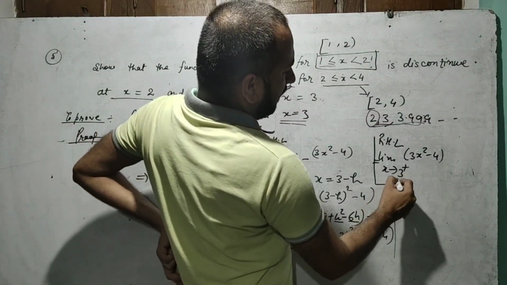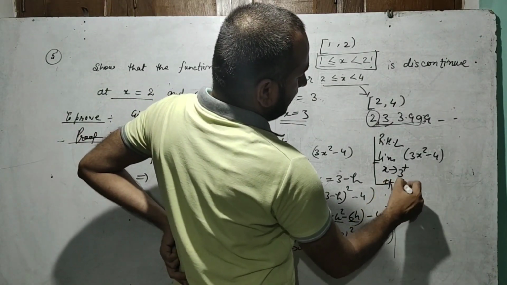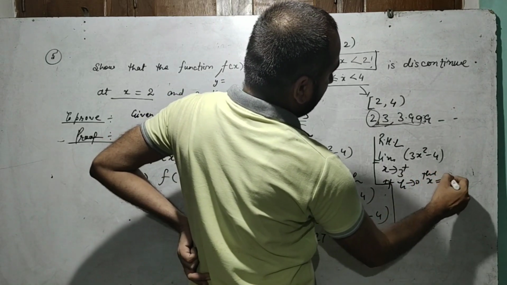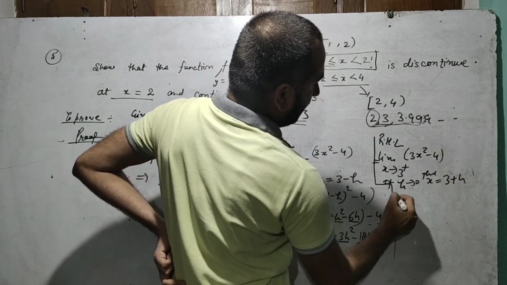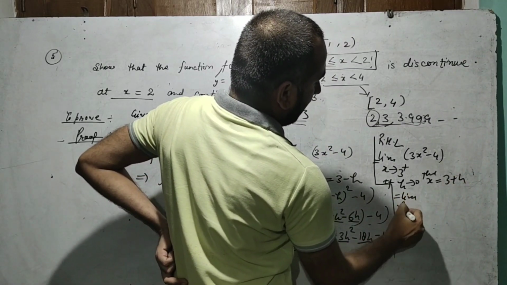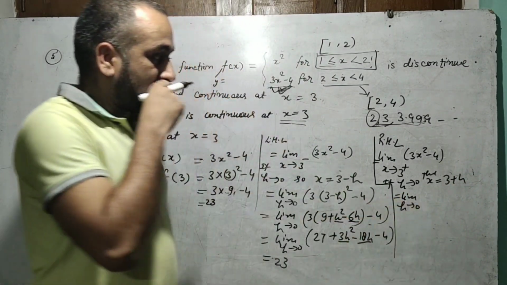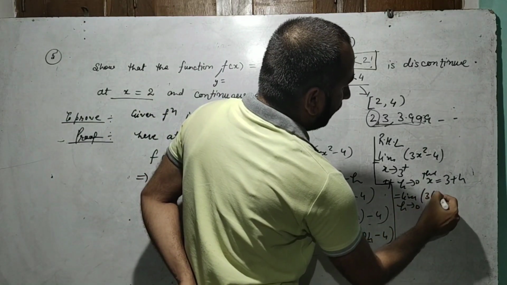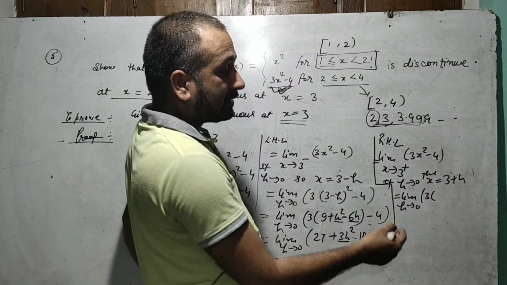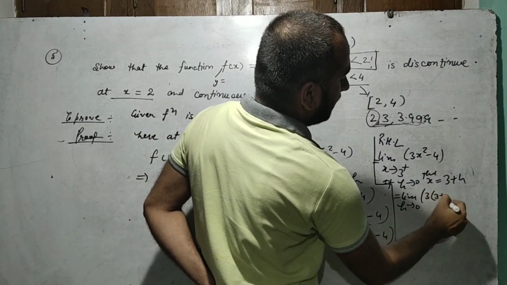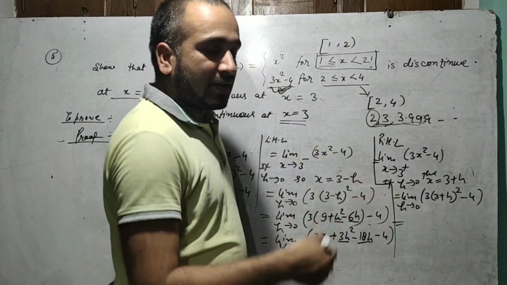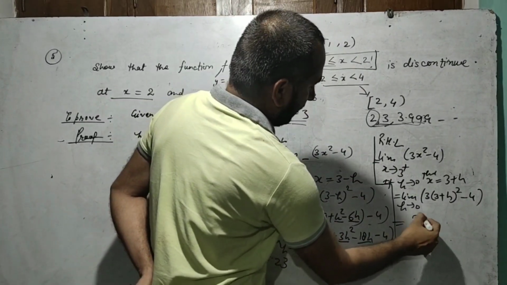So if h tends to 0, then x will be 3 plus h. So students, write here limit h tends to 0. It will give you 3 into x square, where x is 3 plus h, so 3 times (3 plus h) to the whole square minus 4. After calculation you will see it will also be 23.